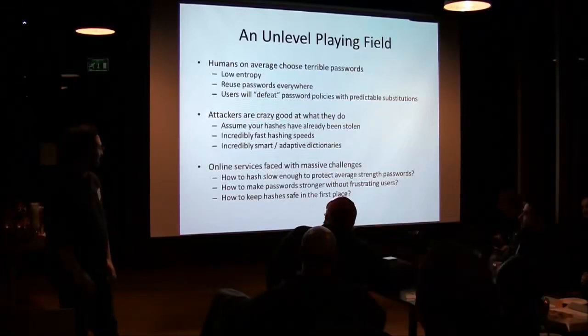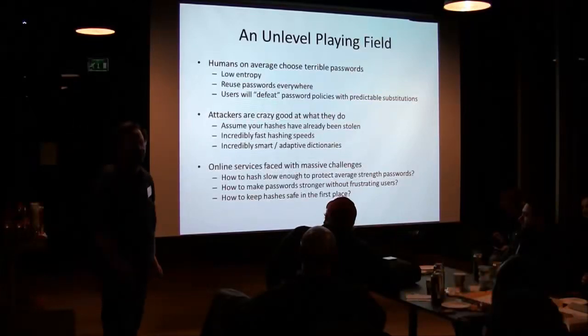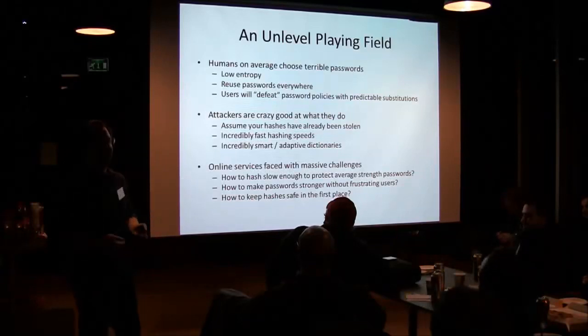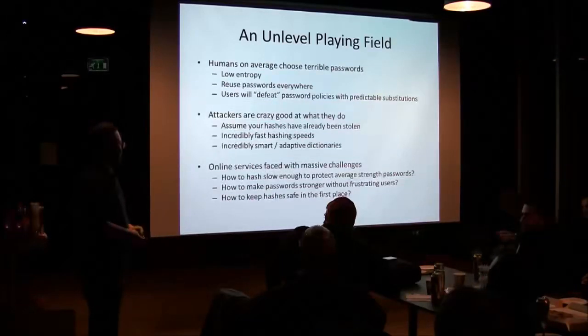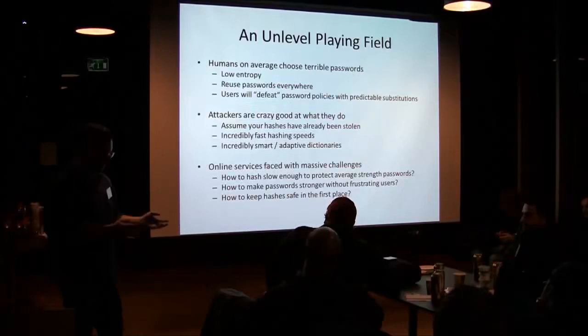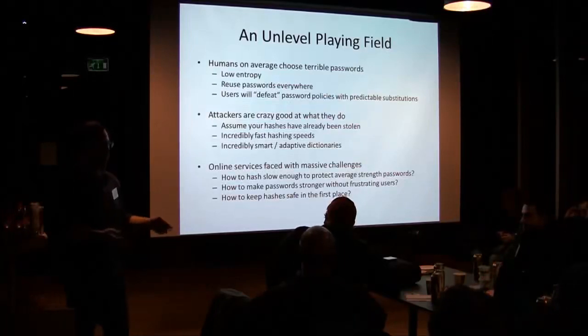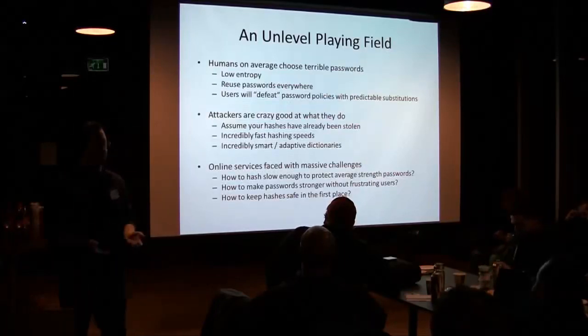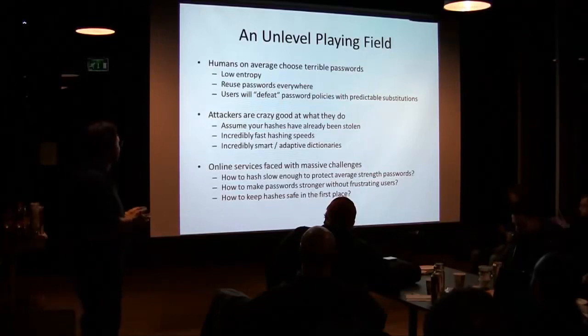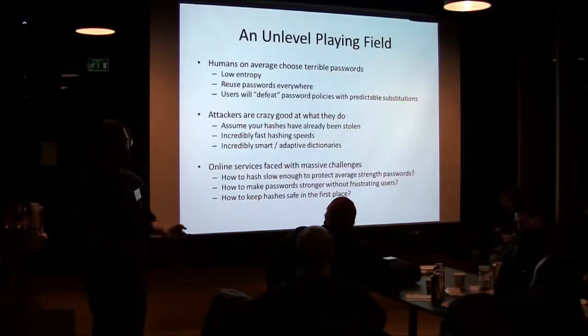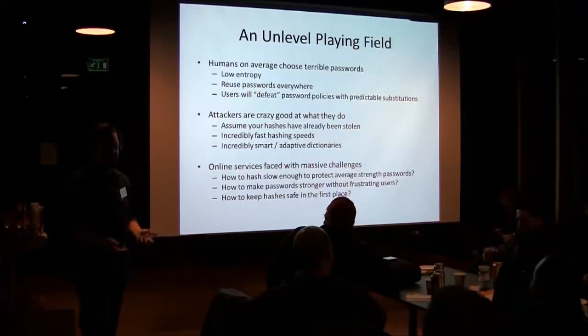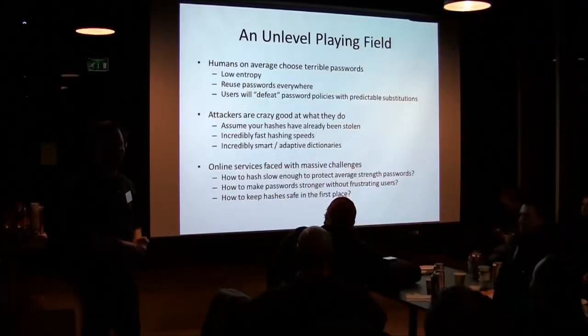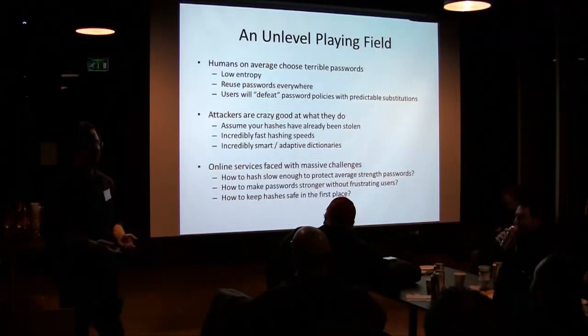And so if you're starting a site and you want to do the right thing, which is sort of how I got into this, and you want to be as secure as possible, aside from the sort of theology of, oh, just use scrypt, just use bcrypt, what do you do? How do you hash slow enough to protect these ridiculously weak passwords? If it's the top 10,000 passwords, and 50% of your users are using top 10,000 passwords, you can't hash slow enough.